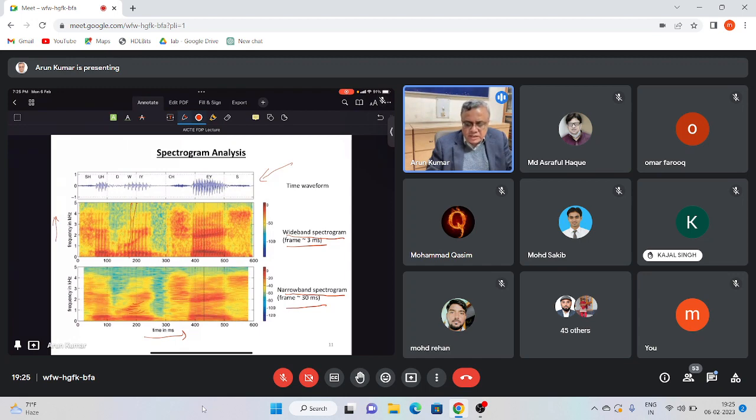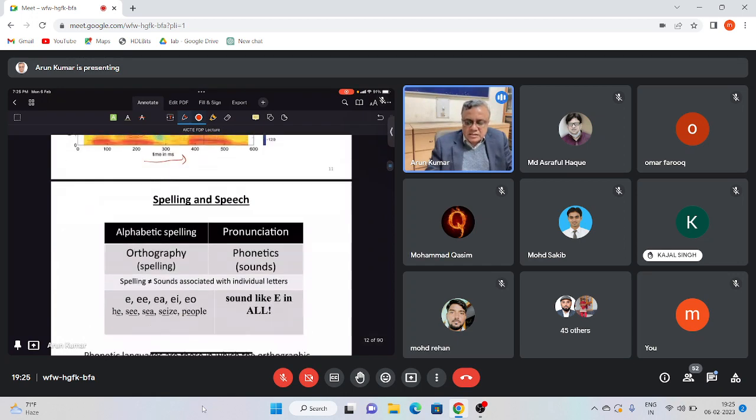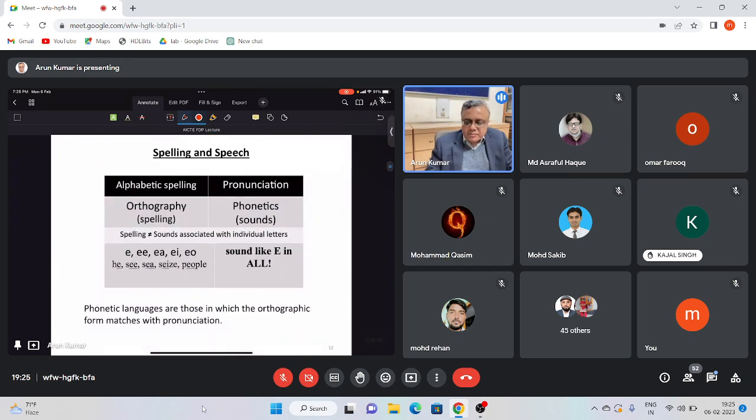Of course, it has to be taken in conjunction with other information, but there are people who can analyze a spectrogram by themselves and tell with a reasonable degree of accuracy what kind of sounds have been spoken. So this was just an introduction to the spectrogram. Later on, we will use this for speech signals of various kinds.